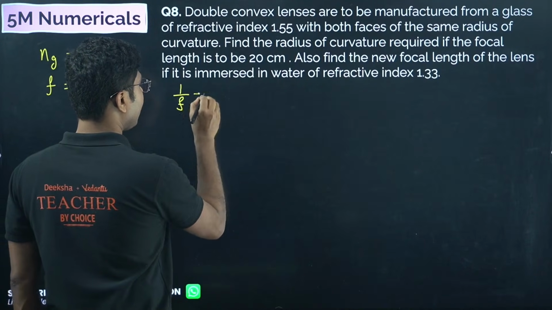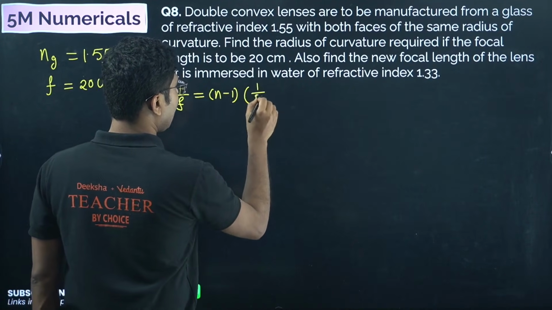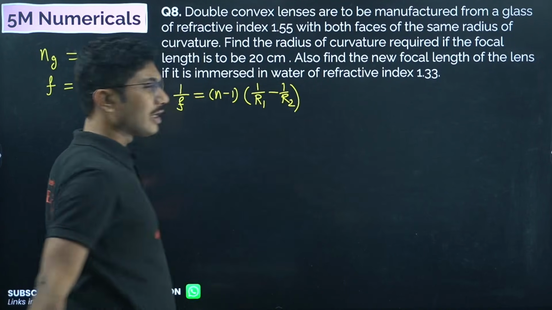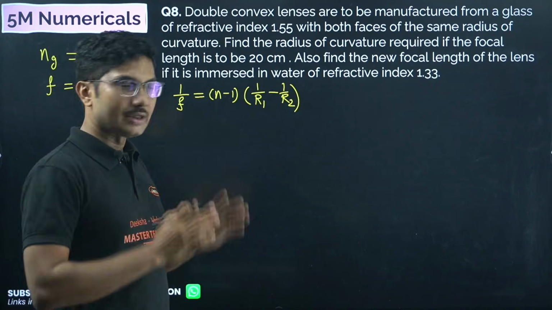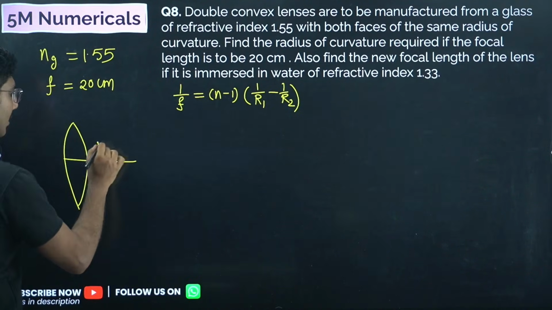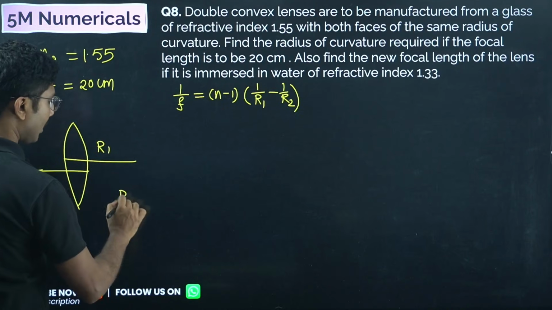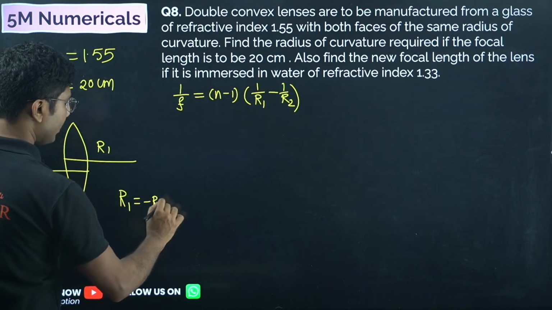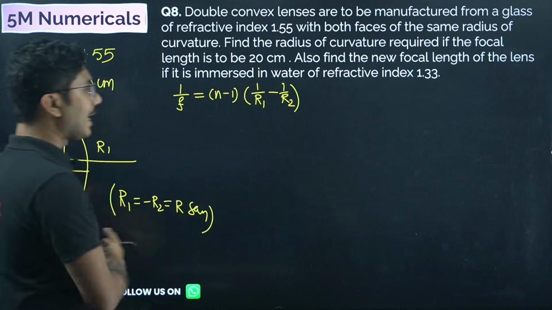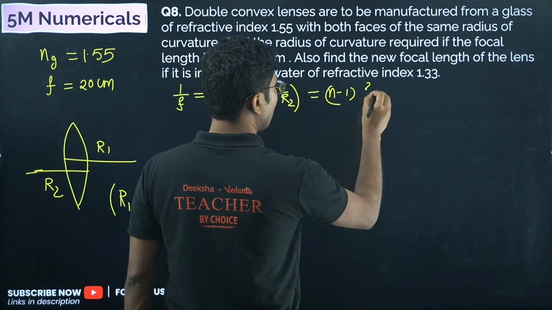1 upon f equals n minus 1 times (1 by r1 minus 1 by r2). Now for an equiconvex lens, when both surfaces are equal, r1 and r2 are equal in magnitude but the sign is different. So r1 equals minus r2 equals r. So we can write this as n minus 1 into 2 upon r.